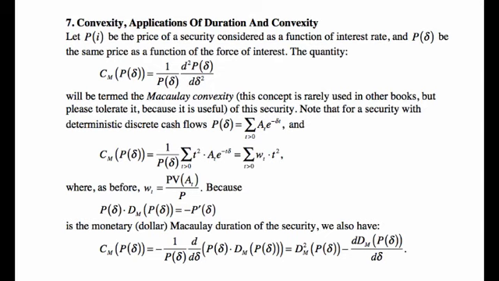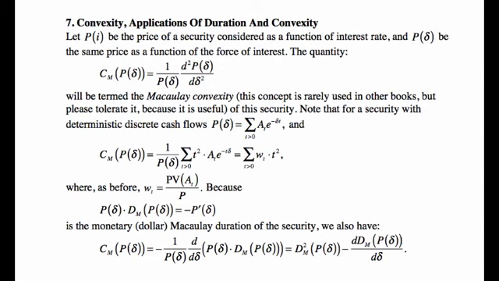Because duration is minus the derivative divided by the price, the price times Macaulay duration is equal to minus the derivative with respect to delta, and we call this minus the derivative the monetary Macaulay duration of a security.